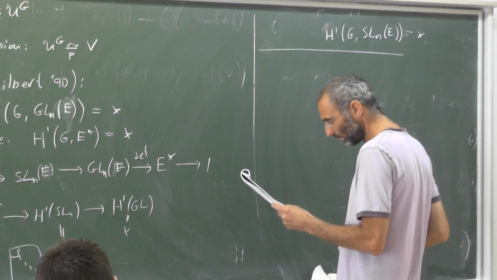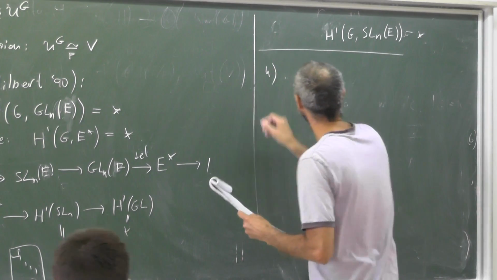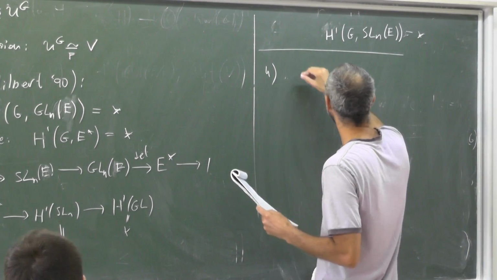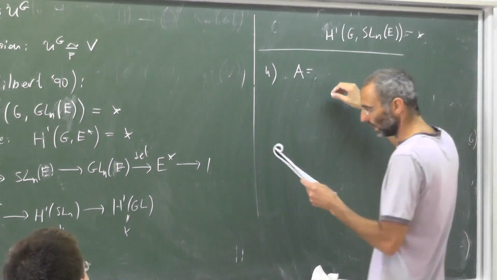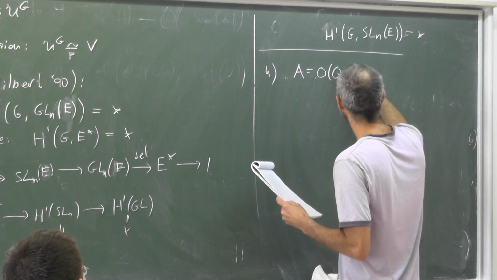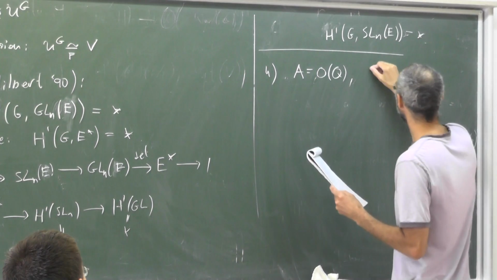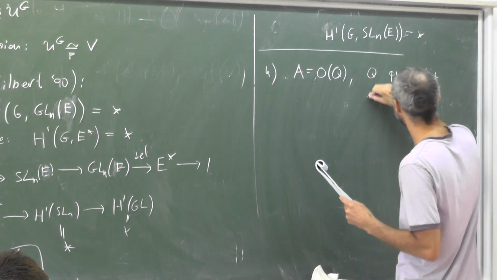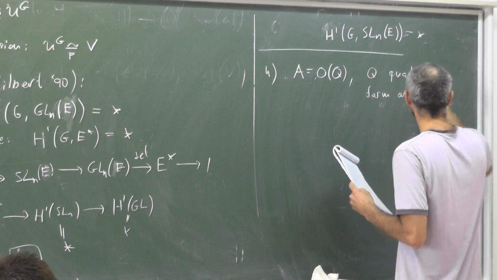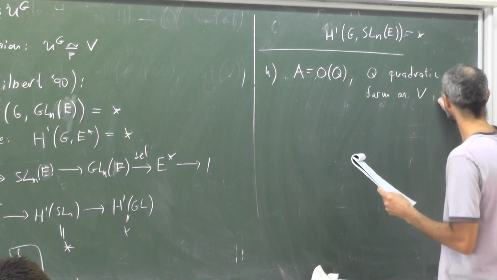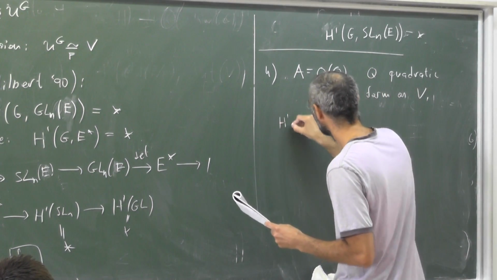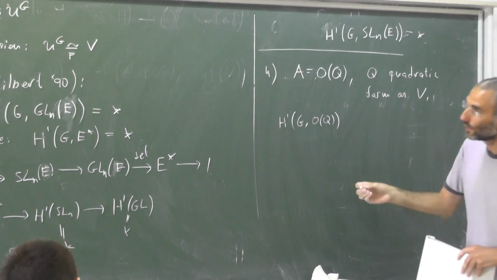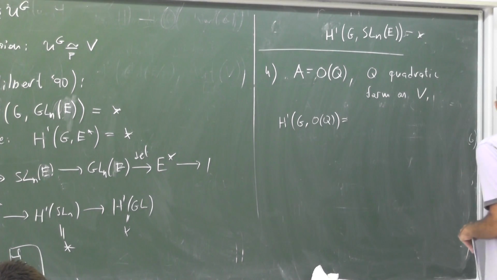So now, it's not an explicit computation, but just to mention, if A over here is OQ, where Q is a quadratic form on B, then I'm just writing the obvious, coming from the identification of H1 with a descent set.